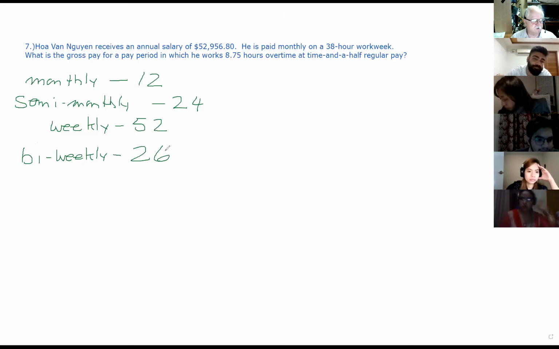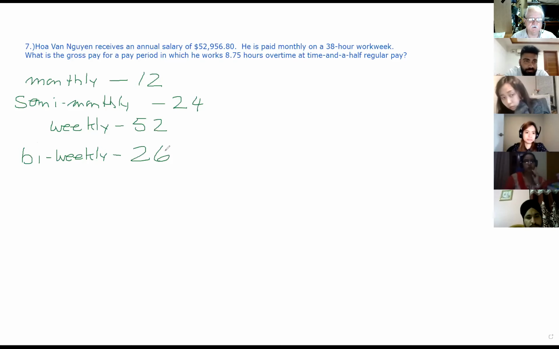When the month has 30 days, there's an extra 2 days. And when the month has 31 days, there's an extra 3. So keep in mind that semi-monthly and bi-weekly are not exactly the same thing. And some of the questions they can write in this textbook are designed to try and fool you into thinking those are the same concepts.